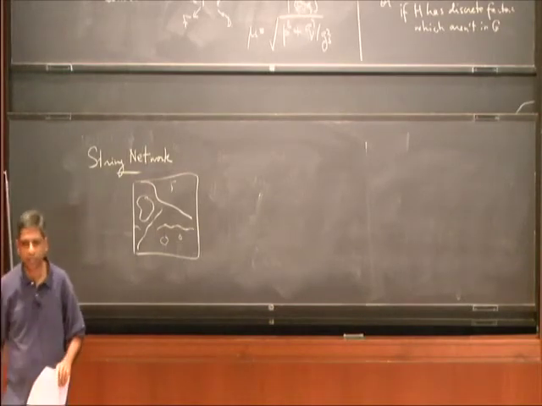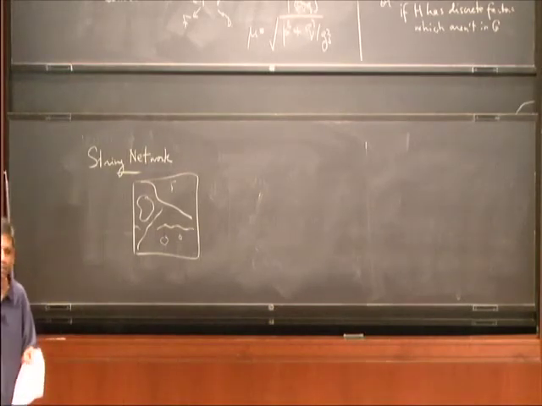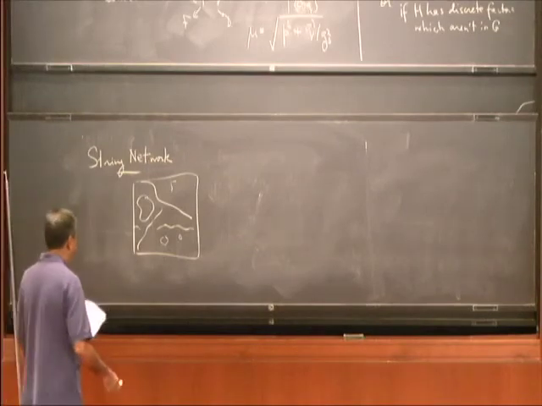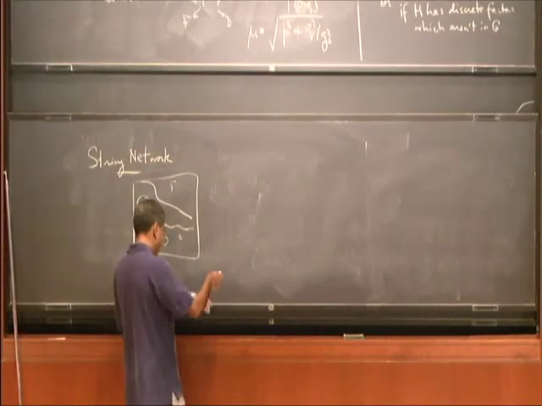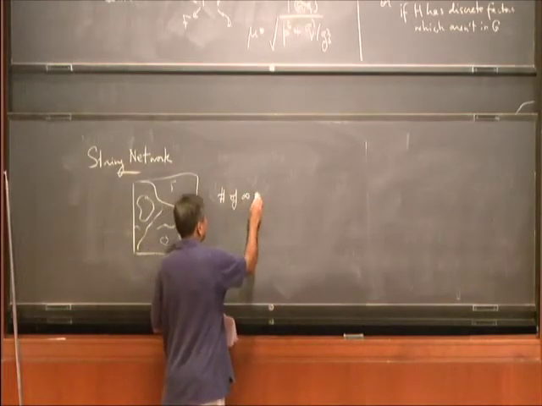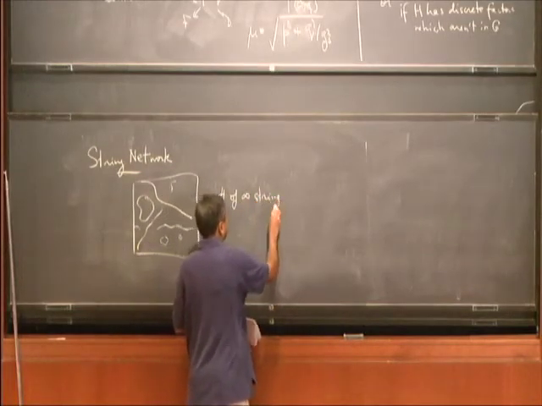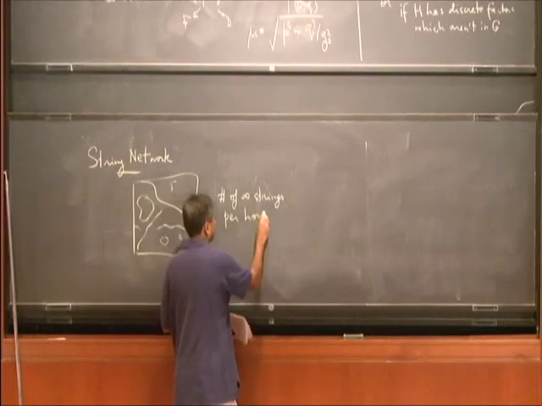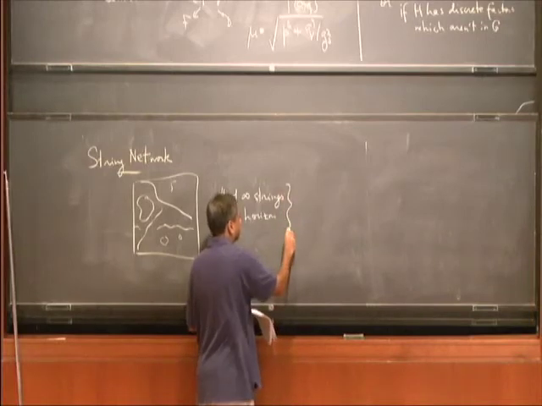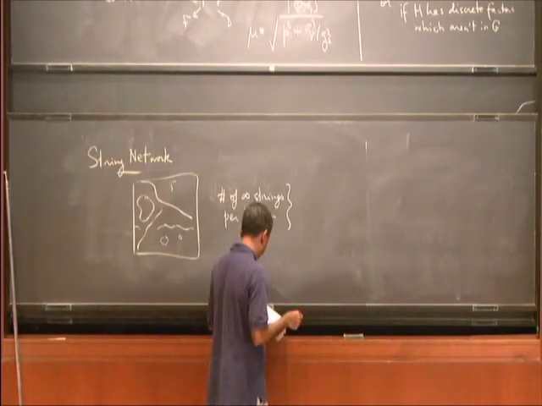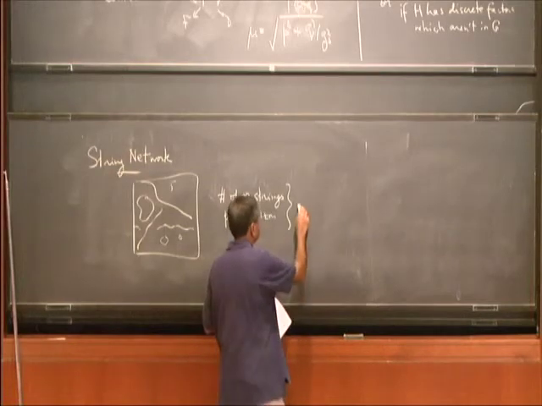You might be interested in the question, how many infinite strings do I have in my horizon volume? The number of infinite strings per horizon is, well, this is about 100.